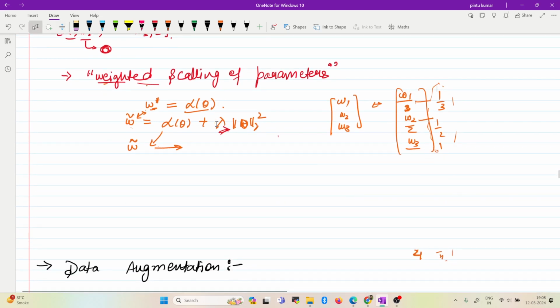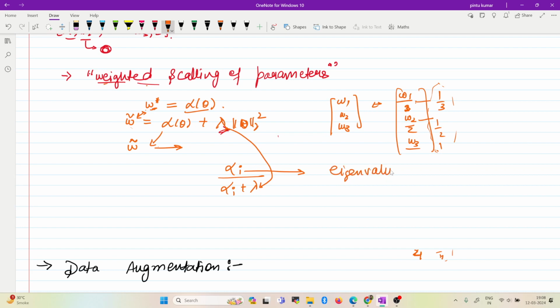So the factor that you have is alpha i divided by alpha i plus lambda, where this lambda and this lambda are same. The lambda is your hyperparameter that you have chosen. Alpha i's are eigenvalues of your Hessian matrix, which is for your loss with respect to the parameters.